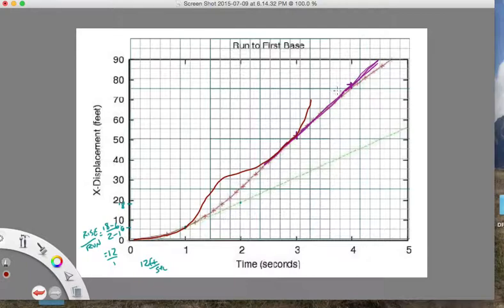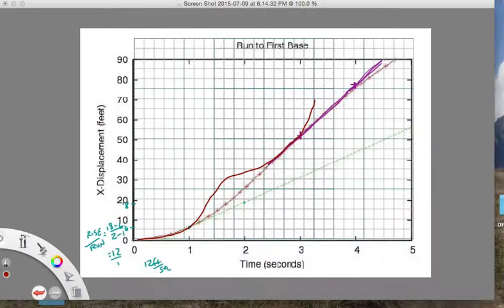Okay. So to find the instantaneous velocity at 3 seconds, now you need to find the slope of this purple tangent line. So I'm going to do that. The rise over run. The run is going to be 1. The rise, it went up.